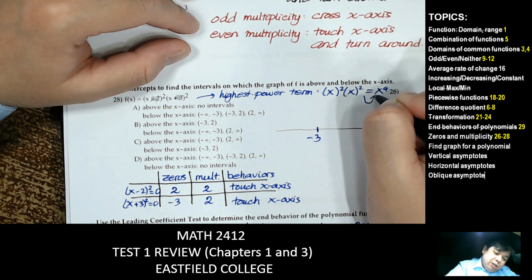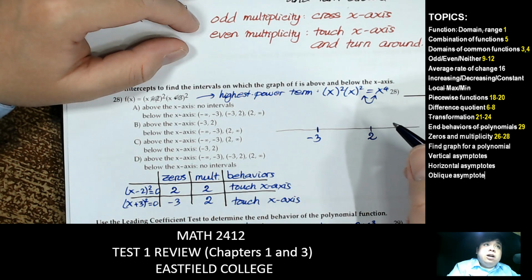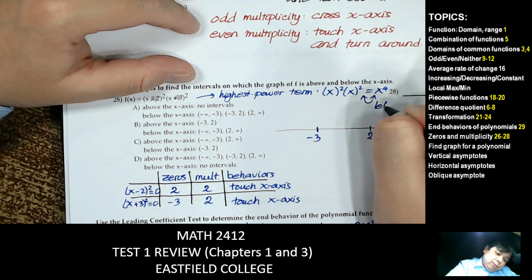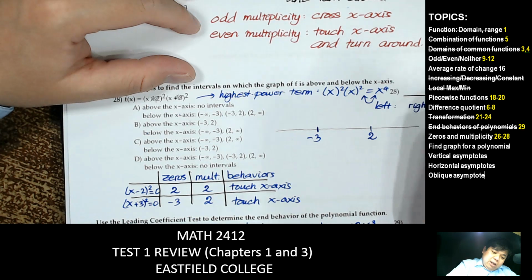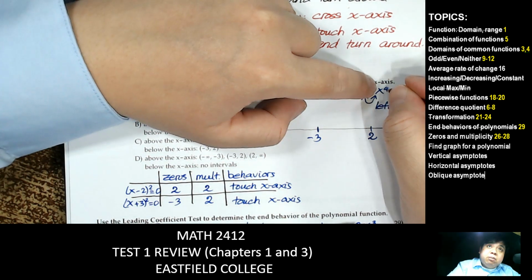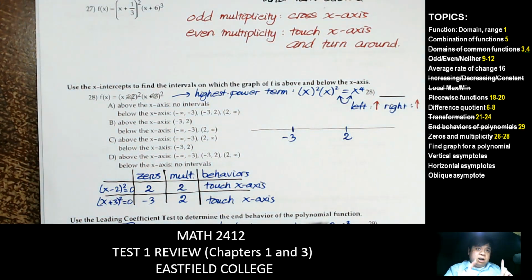So both of them go up. Or we say it is positive, so it rises up, and it is even power, so both sides the same. So left is up, right up.